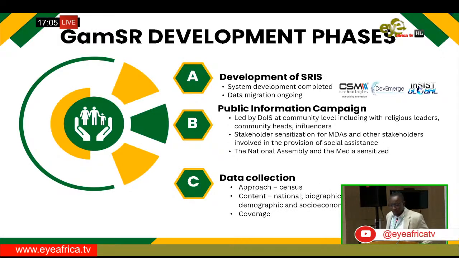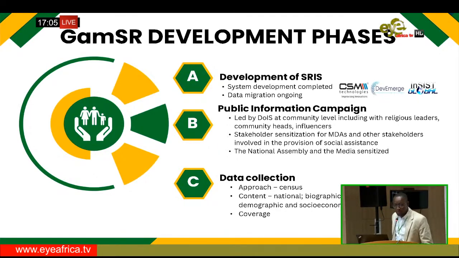Okay, so the social registry development process involves a number of activities. One of them is the development of the software application, the information system that would house this data to be able to make it available to programs.